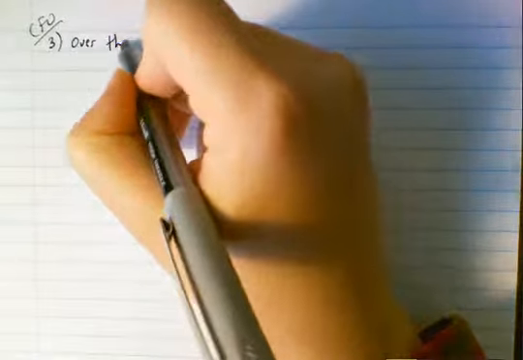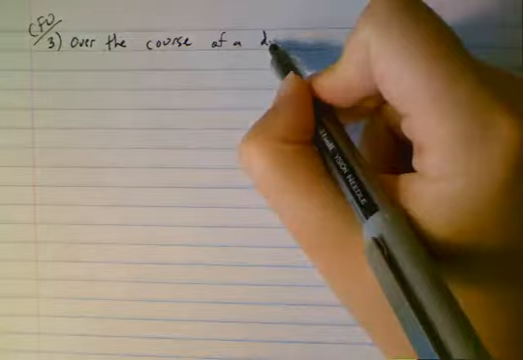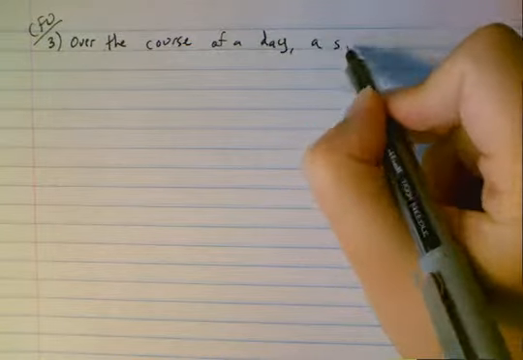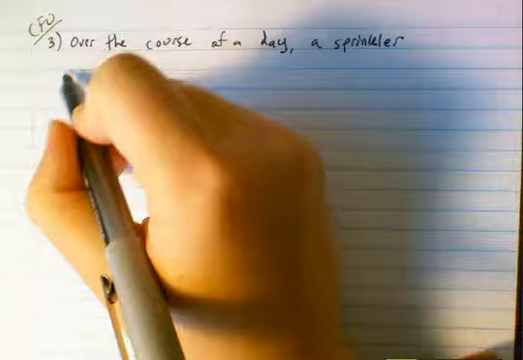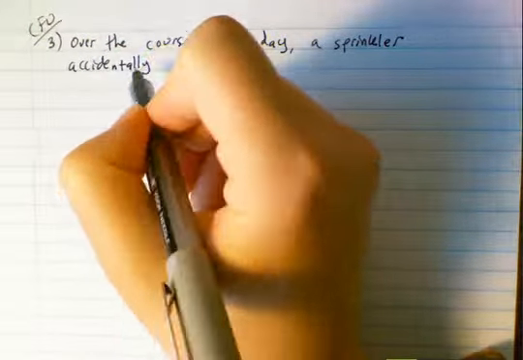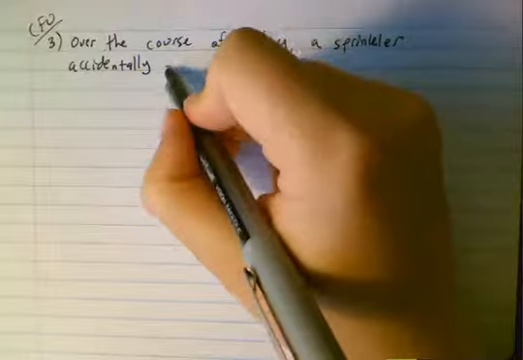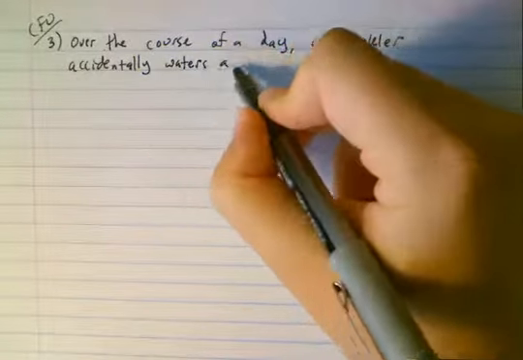Let's do one check for understanding problem, and then we'll be done. Over the course of a day, a sprinkler accidentally waters a sidewalk. Actually, I think I said a parking lot.